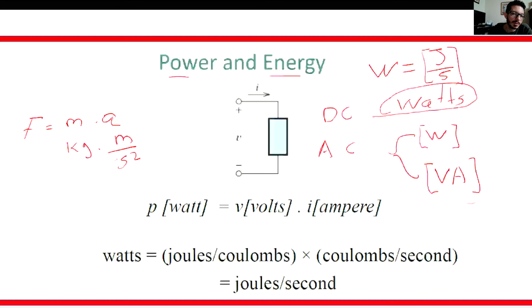Instead of saying kilogram meters per second squared, you say newtons. Well, the same thing, instead of saying joules per second, you use watts. The unit of power is volts times current. Voltage times current, okay?